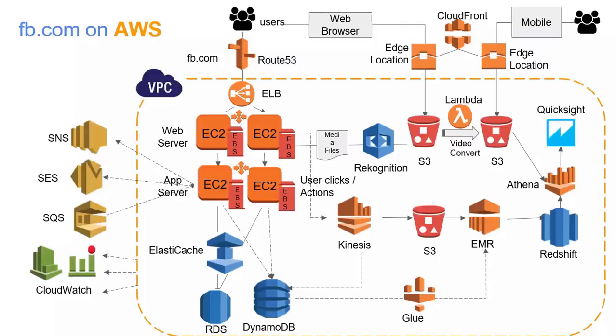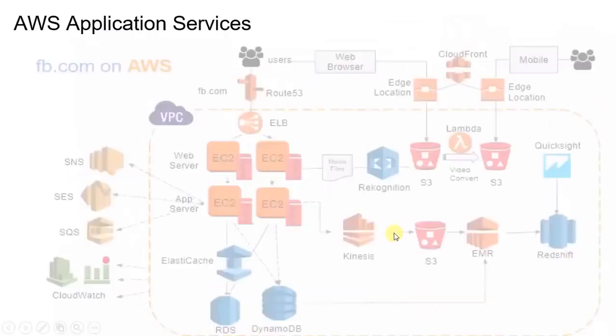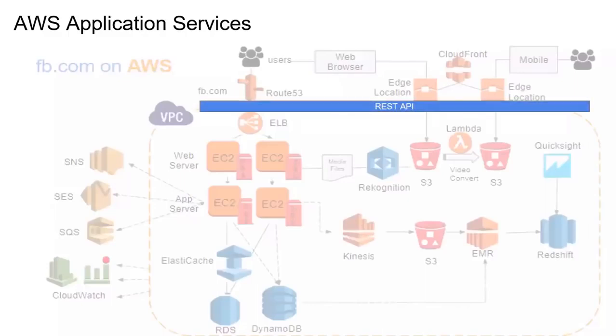Okay, next we want to see some more AWS services, and let's see some application services. Now, as you know, Facebook or Twitter or any other web service, or even Amazon itself, exposes all their services through API calls, so that different third-party applications can integrate with them, and for that they need a REST API service where they can expose all their APIs.